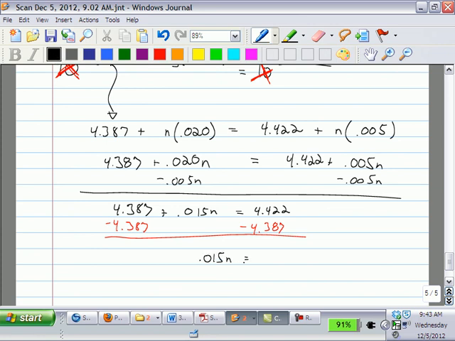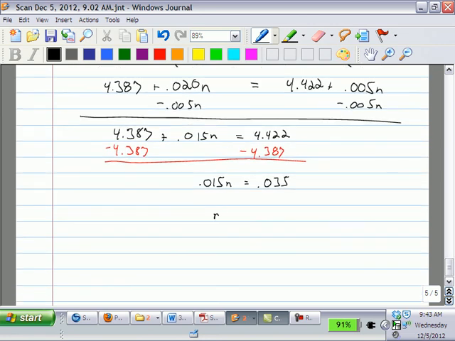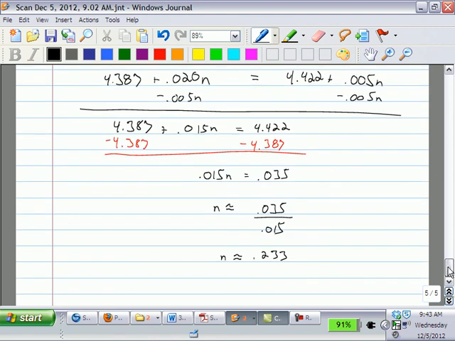And what do you get over there? So what is it about? 0.233. Let's go to 3 decimal places. 0.233.